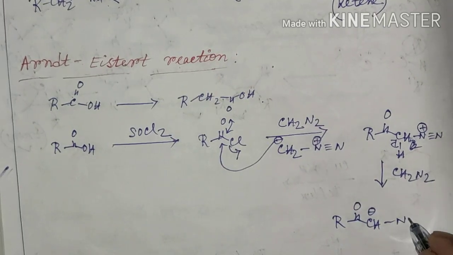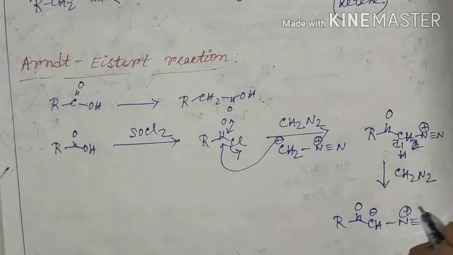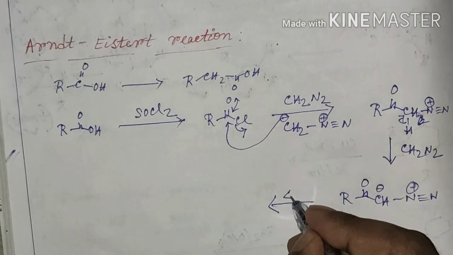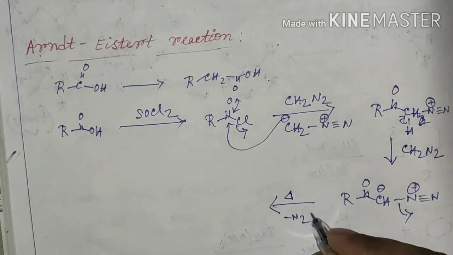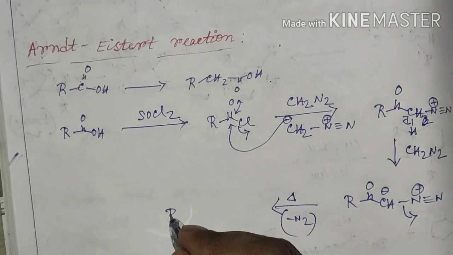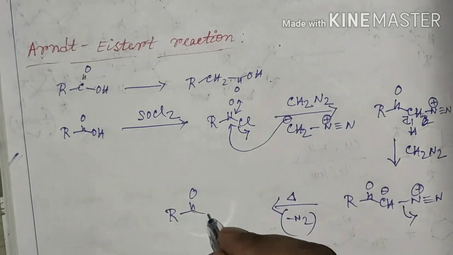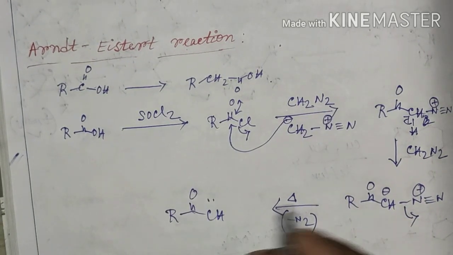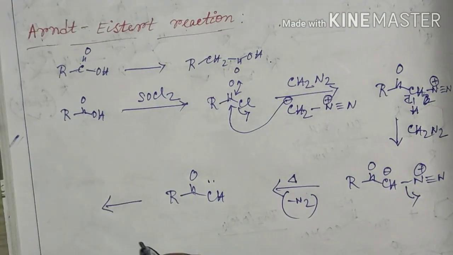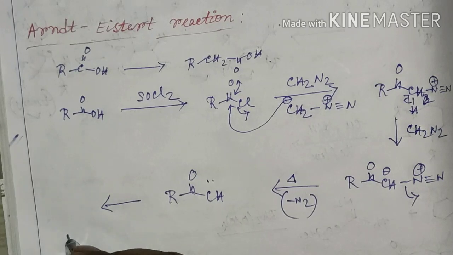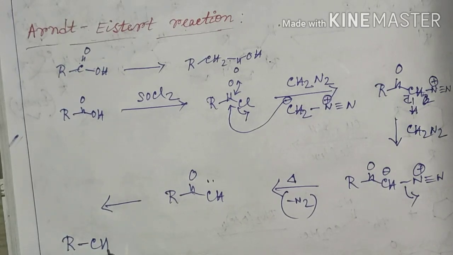In the next step, if it is heated, it will liberate nitrogen and will form the corresponding carbene, and this carbene can undergo Wolff rearrangement to form a ketene species.